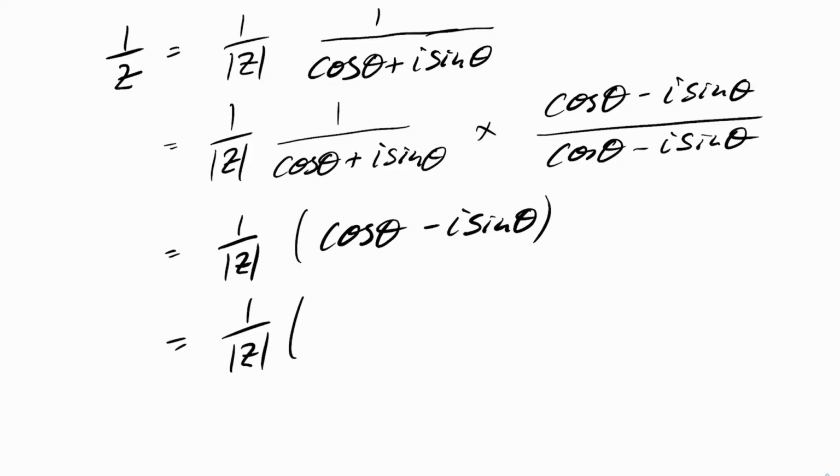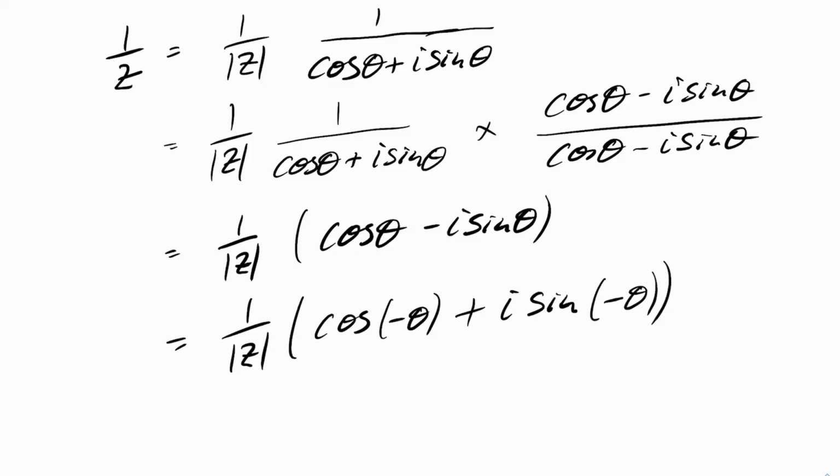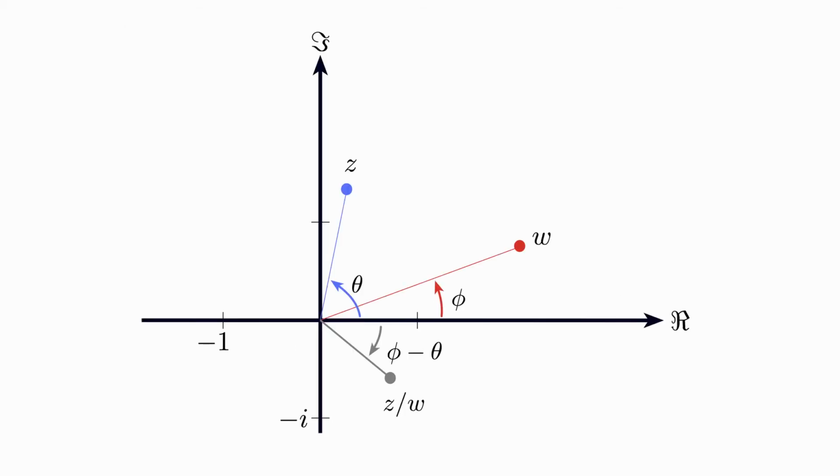So now, in order to see what this is in terms of a modulus argument form, we have cos of minus theta plus i times sin of minus theta. So division by a complex number is division of the moduli, dividing by the length of z, and a rotation by minus theta, so a clockwise rotation. So that's a really important result.